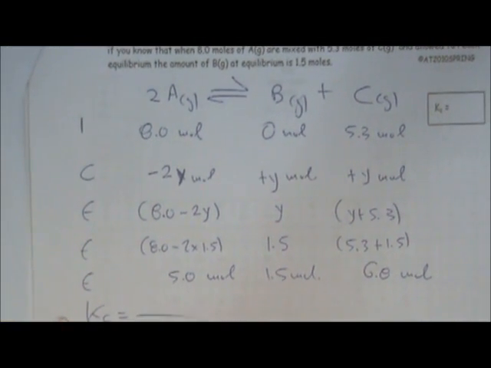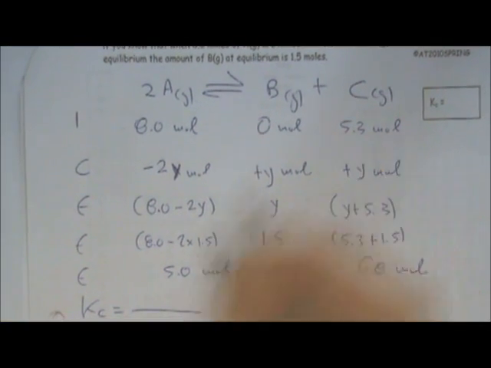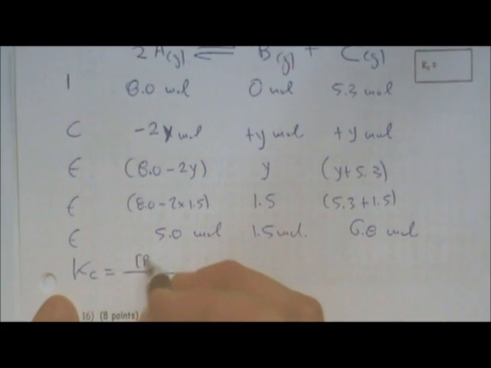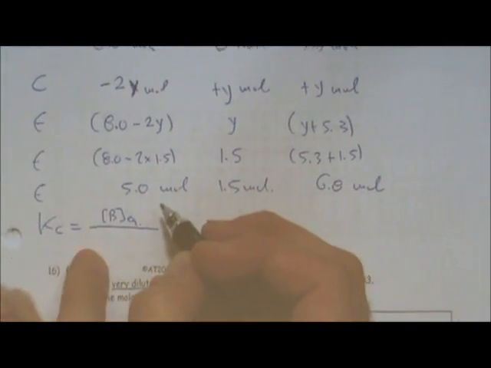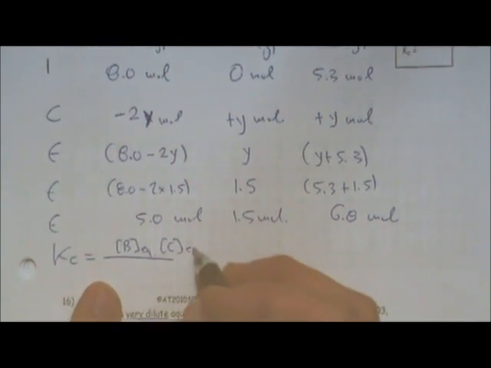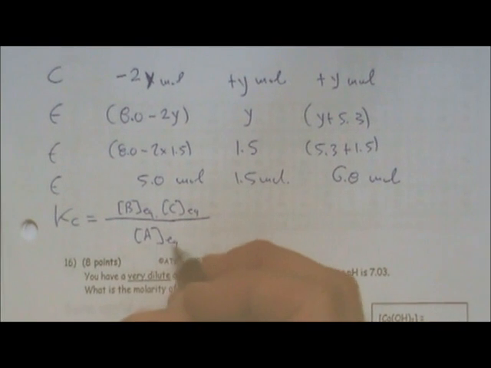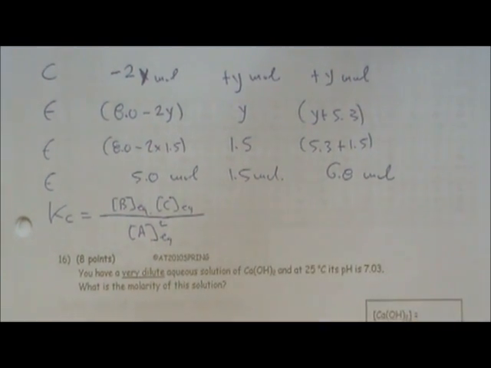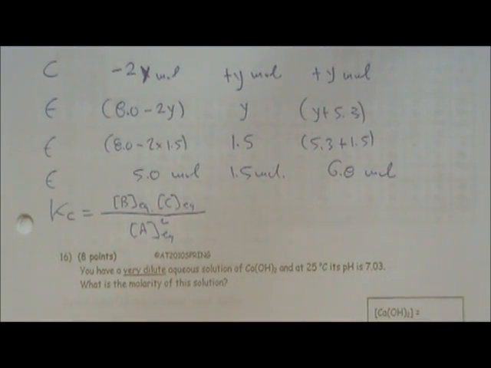So Kc by definition is concentration of B, molarity, times concentration of C at equilibrium divided by concentration of A at equilibrium squared. These are molarities, right? Kc is in terms of molarities, concentration. It's not number of moles.